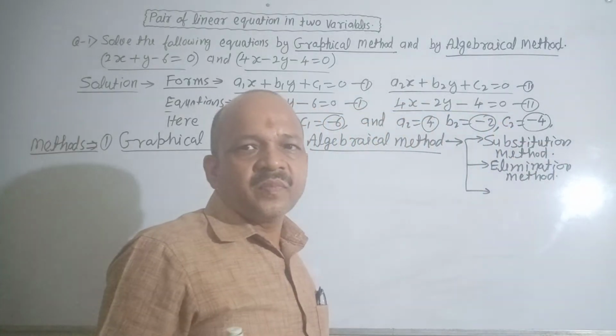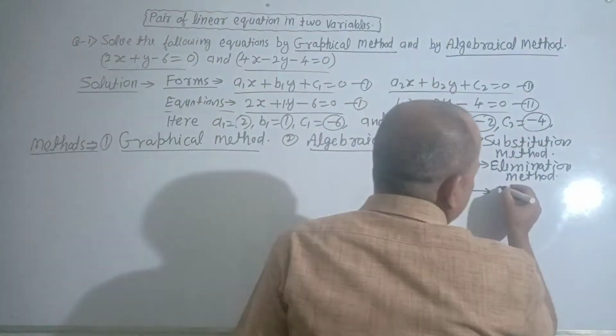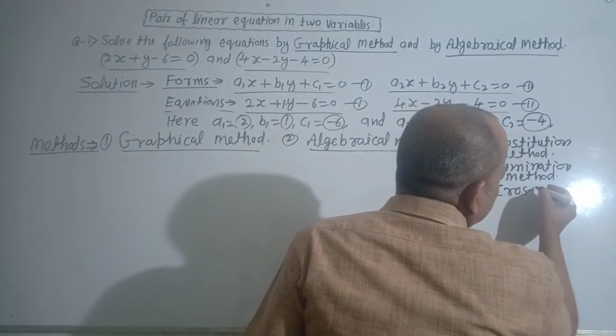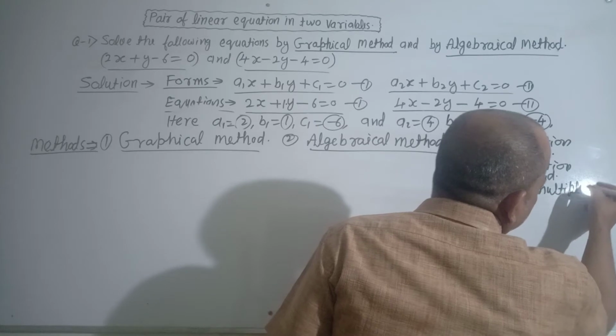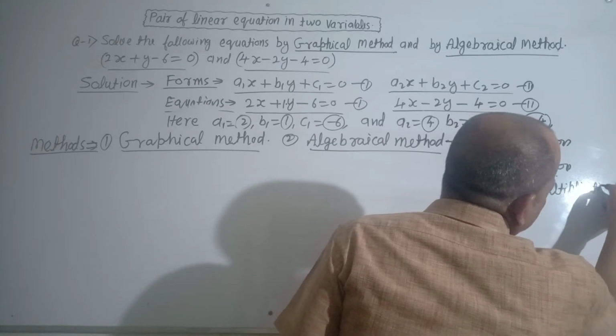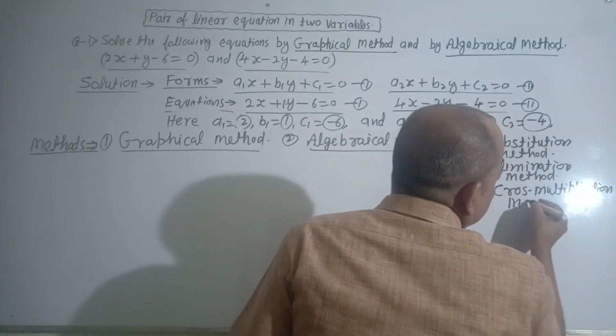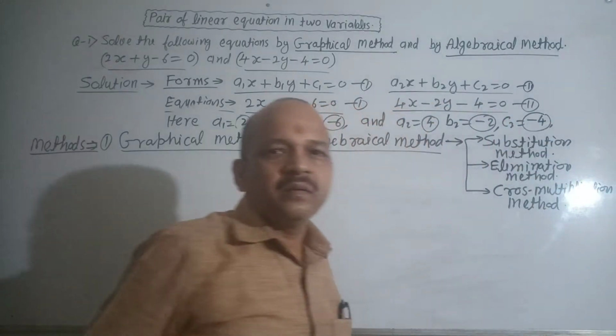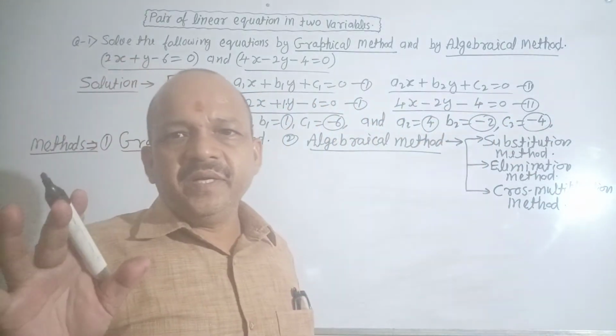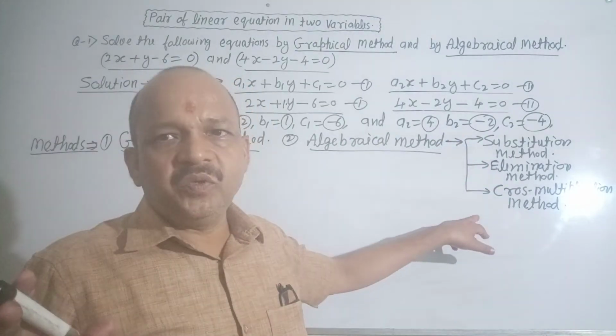Third, cross multiplication method. All methods are clear? No confusion about it?